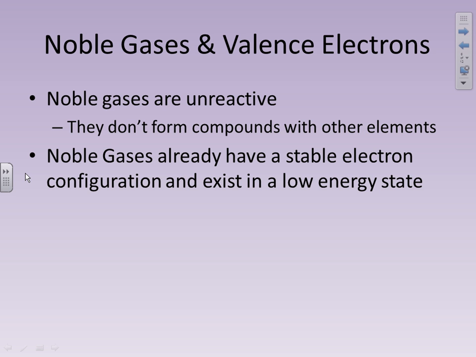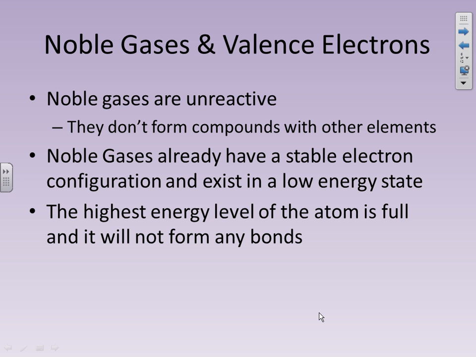Why? How much energy does it have on the floor versus on the table? Less energy. But if it starts off on the floor and I start it rolling, does it do anything? It can't get any lower than the floor, so it doesn't fall. Does that make sense? If something's already in a low energy state, it doesn't form compounds to get to a low energy state. It's already there.